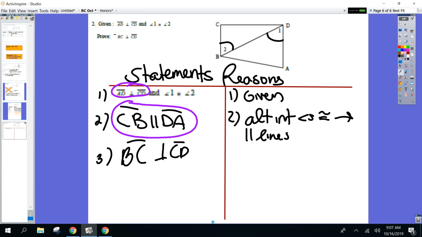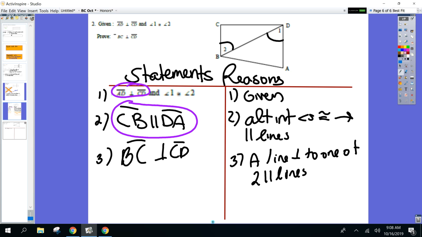I'm going to slow this down here because I feel there's mass confusion. Ready? A line perpendicular to one of two parallel lines. In this case, what is that line right now? Everyone take a look. A line that is perpendicular to one of two parallel lines. What line am I referring to?